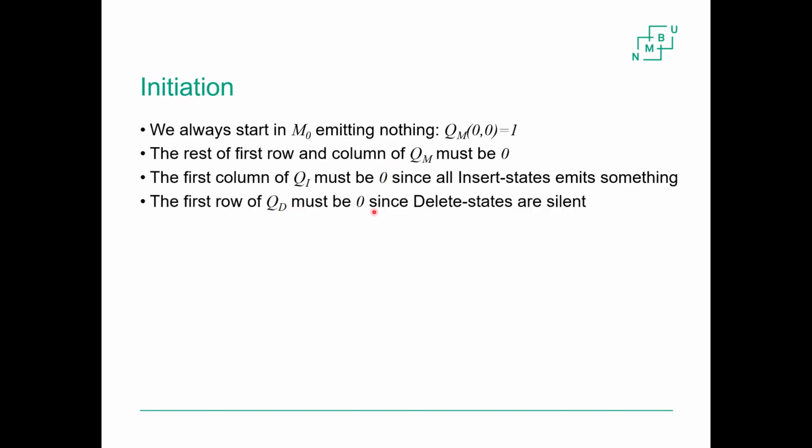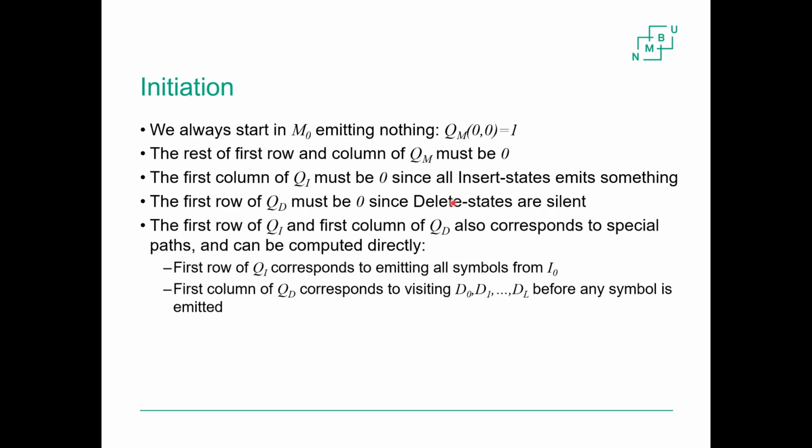You can also argue in a similar way that the first row of this one must be 0, because delete states are silent, and you cannot move to the right in the first row, because you cannot emit symbols without having visited some of these other states first. So the first delete state can never really be visited.